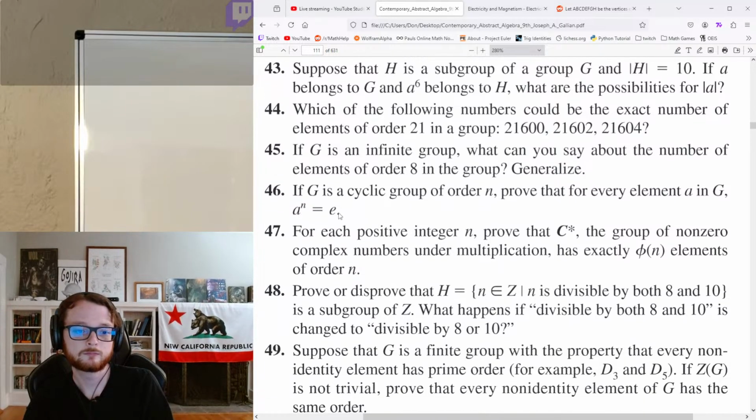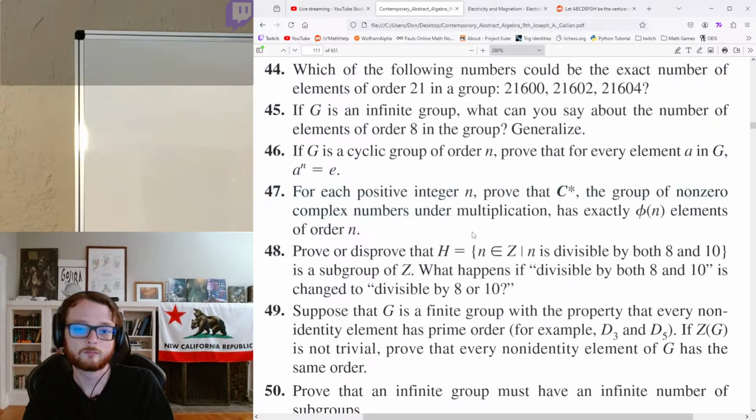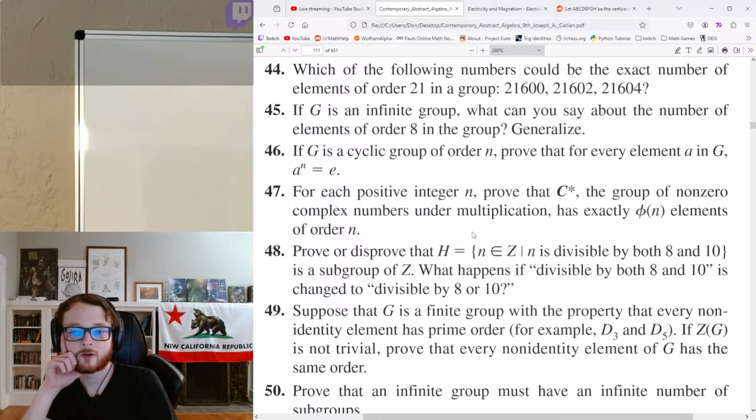47. Prove that C star, the group of non-zero complex numbers under multiplication, has phi of n elements of order n. Is C star cyclic?